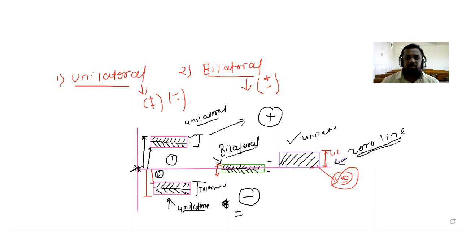Okay, so we will move toward the next point, that is the fit. Okay, fits.